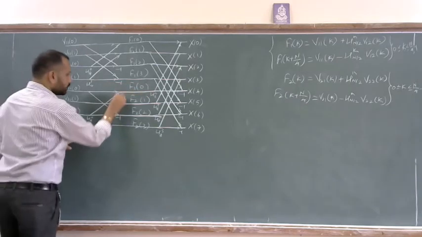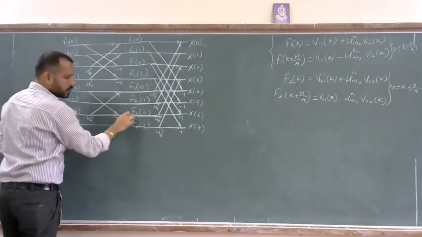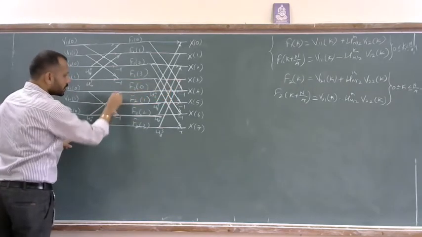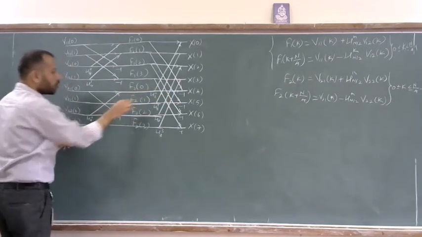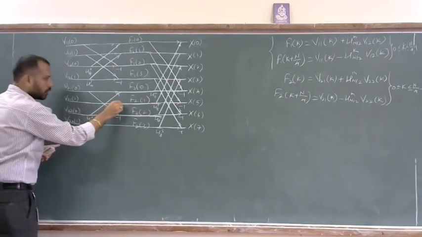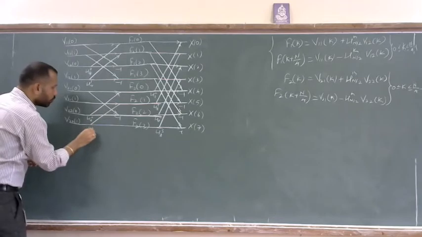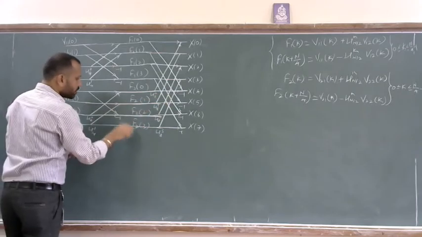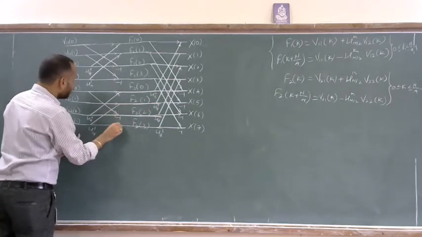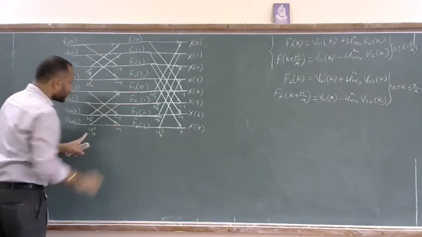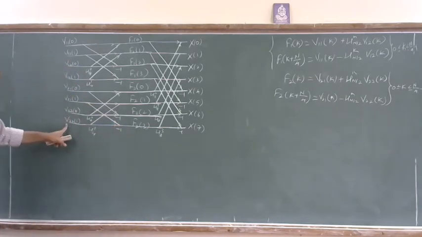The second equation will give us f2 of 2. Substituting k equals 1 in both the equations, the first equation will give us f2 of 1, which will be V21 of 1 plus W4 to the power 1 times V22 of 1. And the second equation will give us f2 of 3, which will be V21 of 1 minus W4 to the power 1 into V22 of 1.